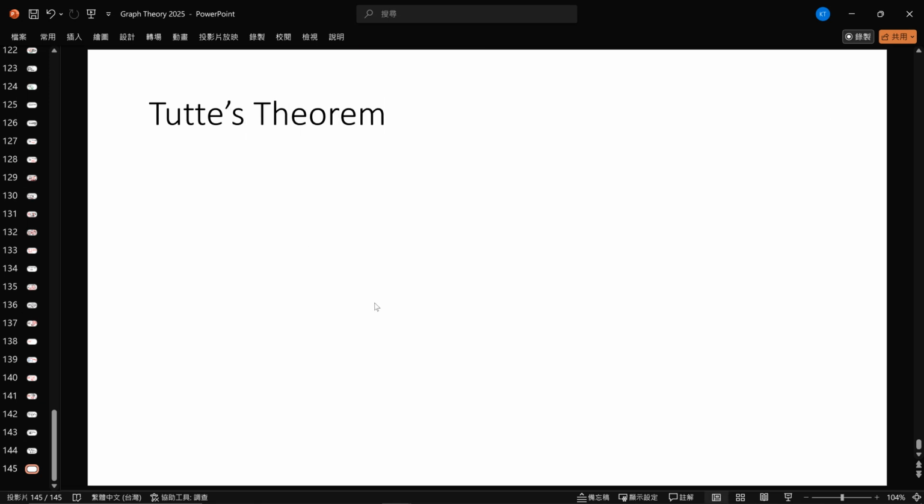So this is called Tutte's theorem. Okay? And I'm going to use this notation o(G). So this is just the number of odd components in the graph G.